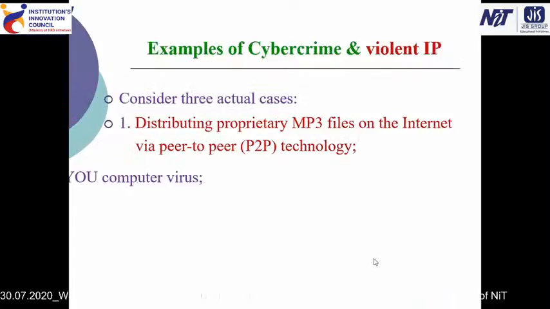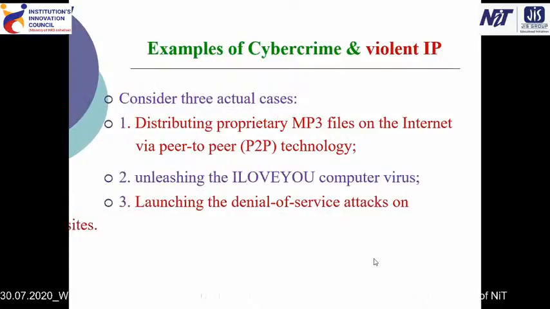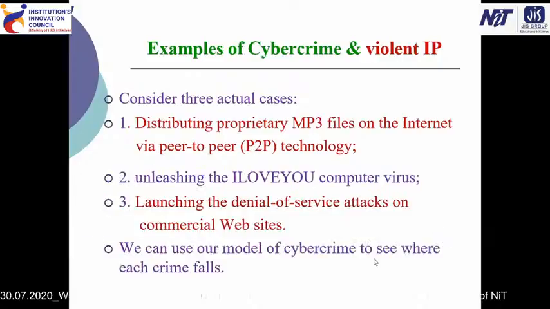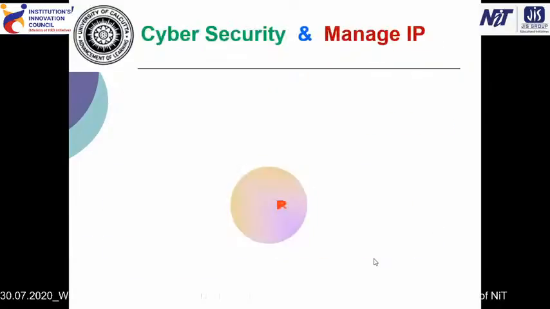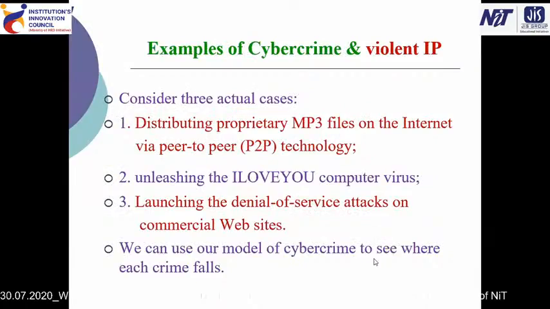What is cybercrime? To violate intellectual property, consider three actual cases: distributing MP3 files over the internet via peer-to-peer technology, unleashing the I Love You virus, and launching denial of service attacks on commercial websites.